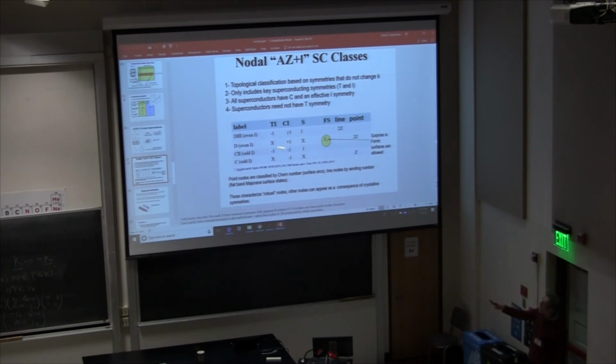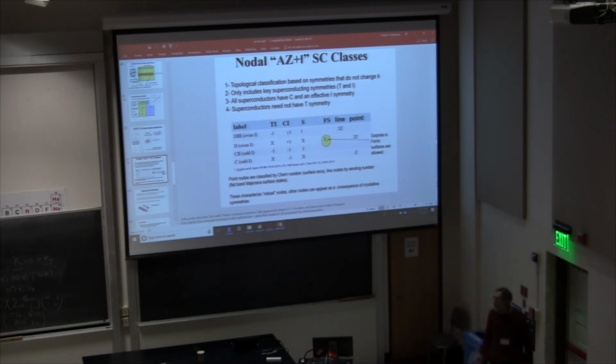In the odd parity case, if we have an odd parity superconductor that preserves time reversal, we don't expect to see any nodes. So there's no topologically protected nodes there. But if we have an odd parity superconductor that breaks time reversal symmetry, then we expect to see point nodes that are protected by this topological index Z. This index Z is interesting because this is actually a Weyl charge similar to the Weyl charge we know from semi-metals.